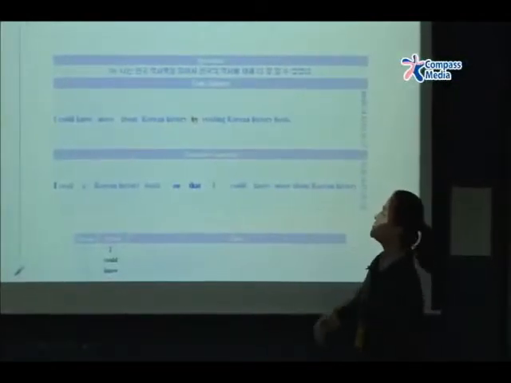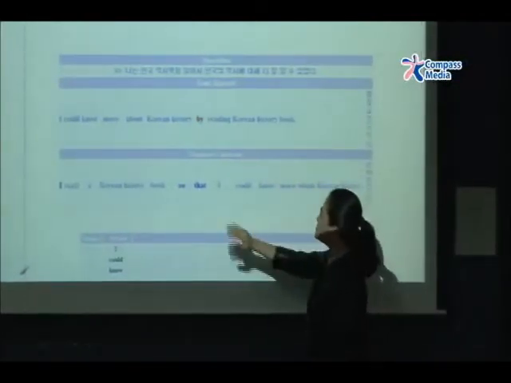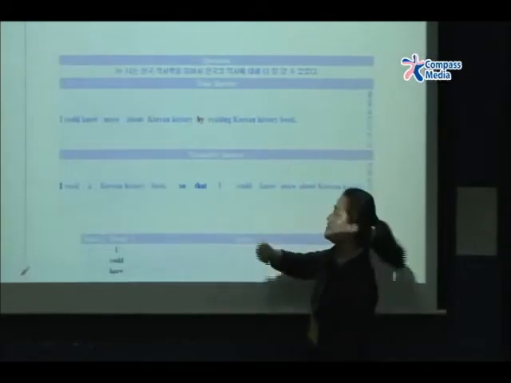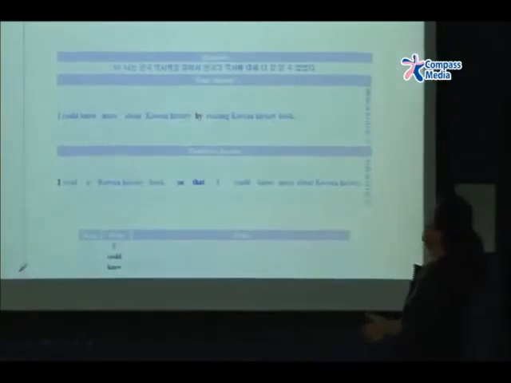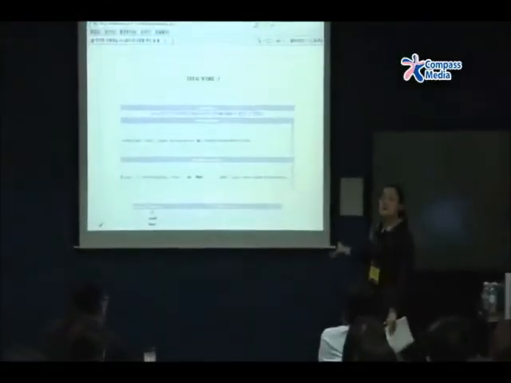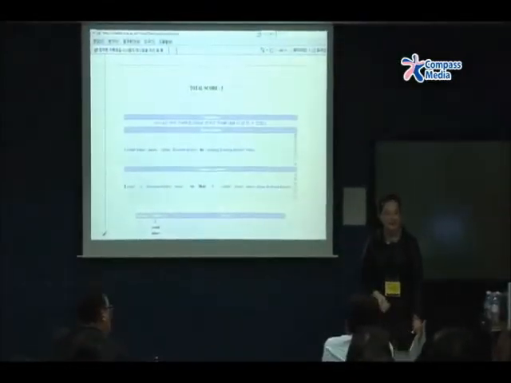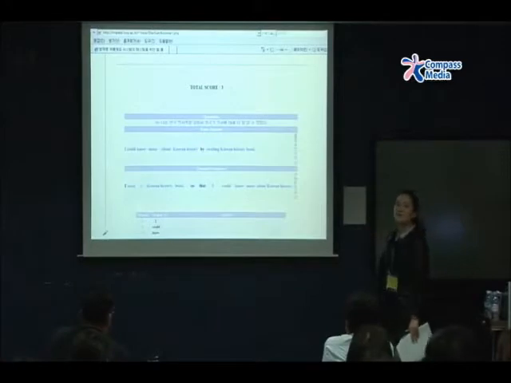My student responded using the preposition by instead of the conjunction so that, but with exactly the same meaning: I could know more about Korean history by reading a Korean history book. For me, it looks the same, but to the computer, it doesn't. So she got only 3 points out of 6.